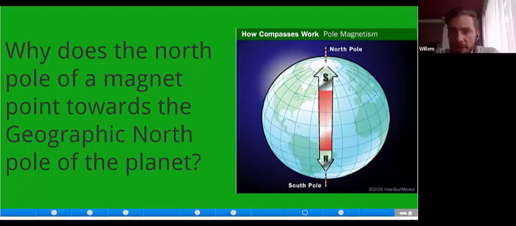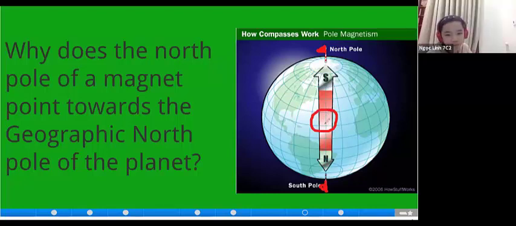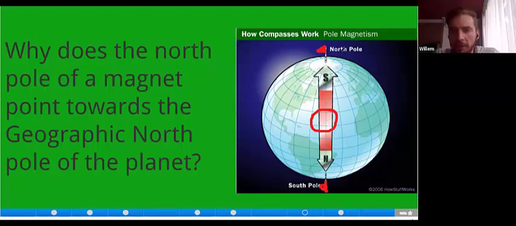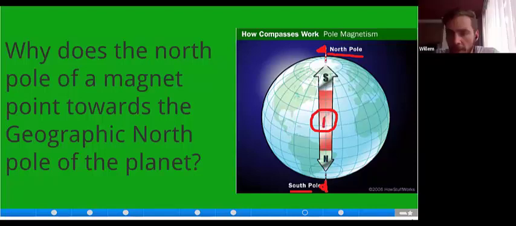Okay, but this is the geographic North Pole and this is the geographic South Pole. If I put a compass over here, which way is it going to point? The North Pole of the what? The planet or the magnet? The planet. Okay, so why would it point towards the geographic North Pole?